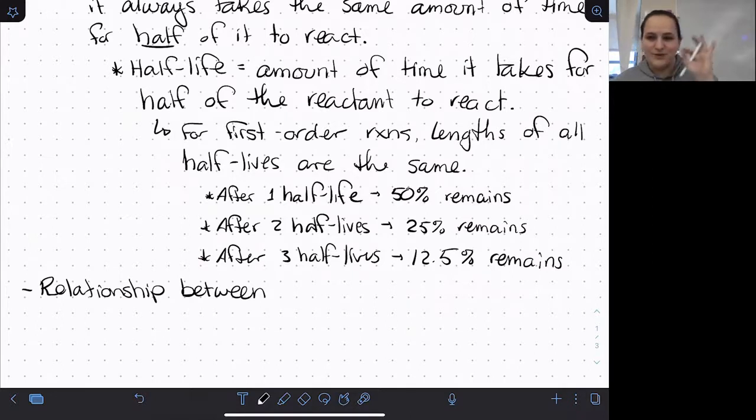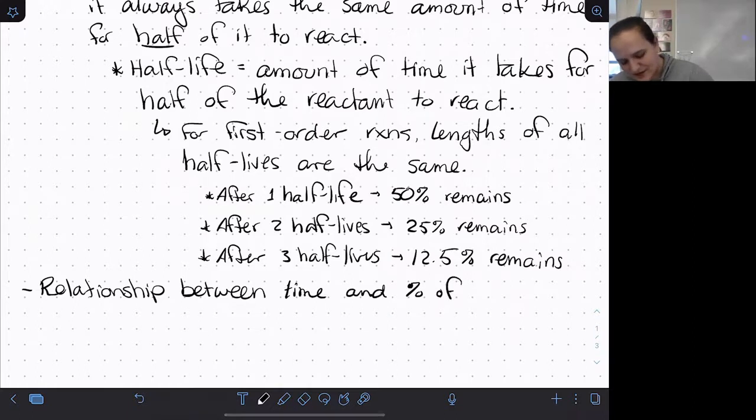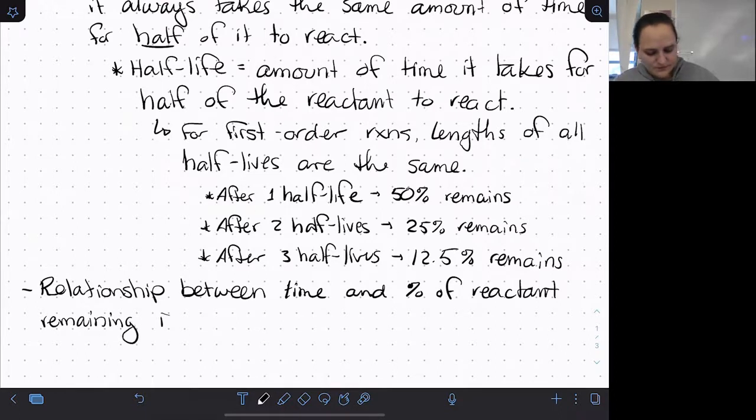So we're going to give a very brief preview of how logarithms work. So the relationship between time and percent of reactant remaining is logarithmic.